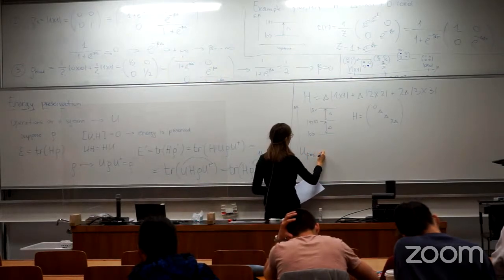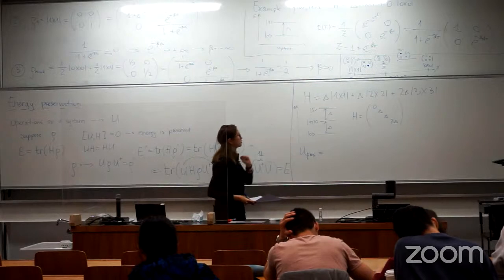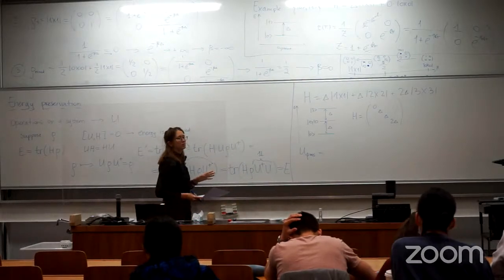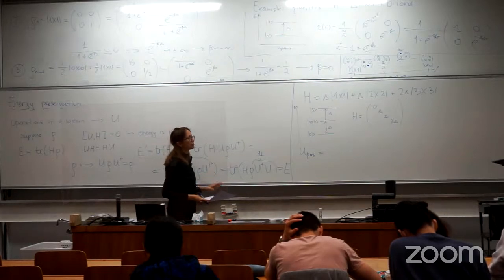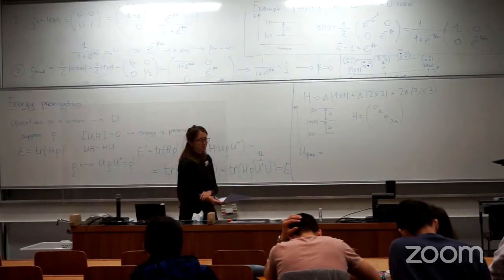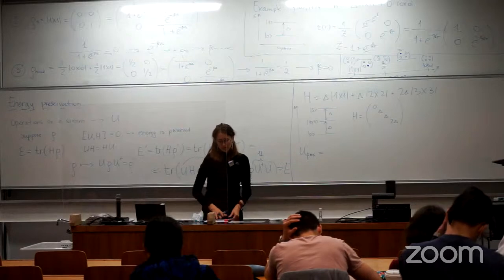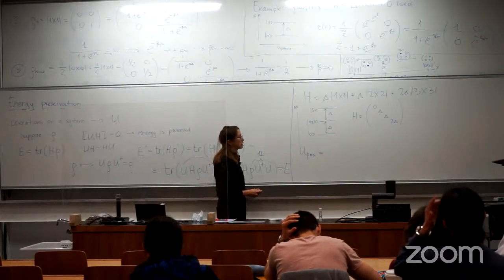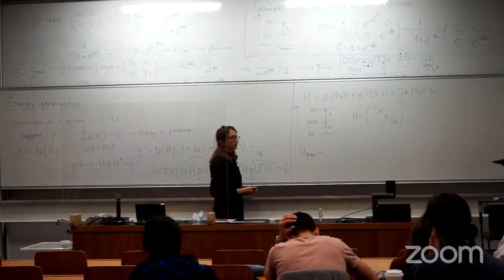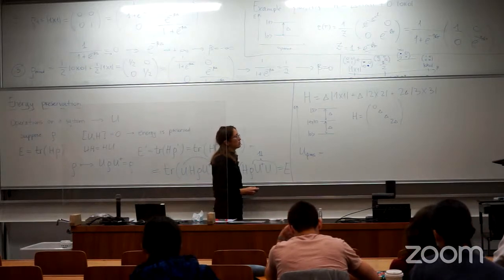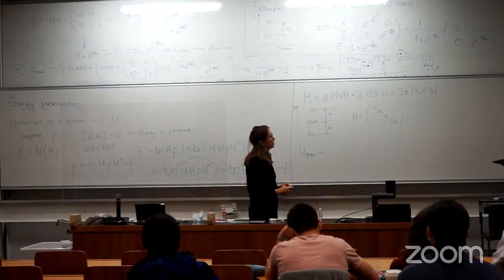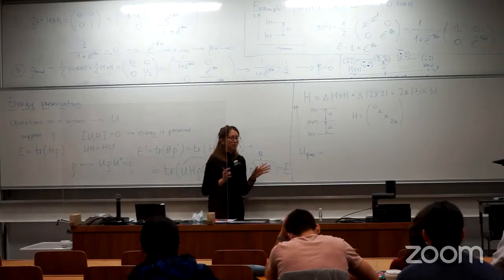Suppose you see this Hamiltonian and you ask a question, please construct an example of an energy preserving unitary. There is an intuitive way to see which unitary would be energy preserving. One thing to remember about unitaries, which I already emphasized in the beginning, is that a unitary simply maps from one basis to another.